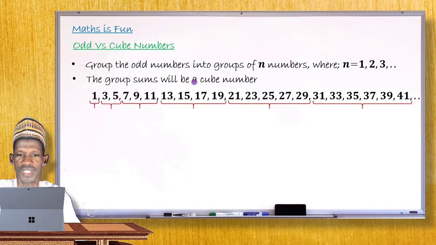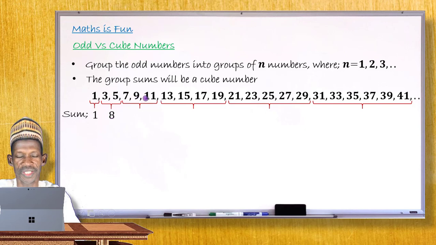So what this property is saying is, if I add all the numbers in each group, what I'm going to have is a cube number. The very first group contains only one number. Addition of that one number gives you 1. Next group is 2 numbers. If I add 3 and 5, it will give me 8.